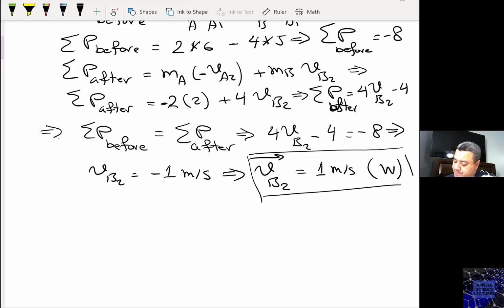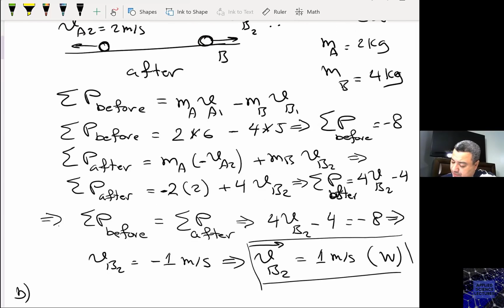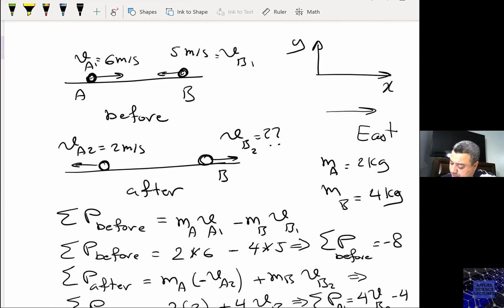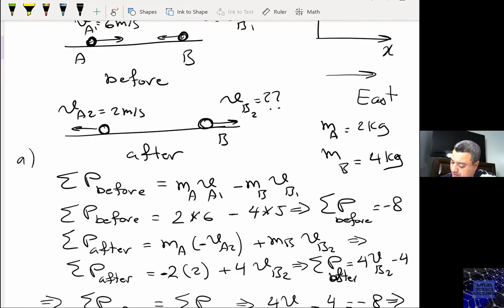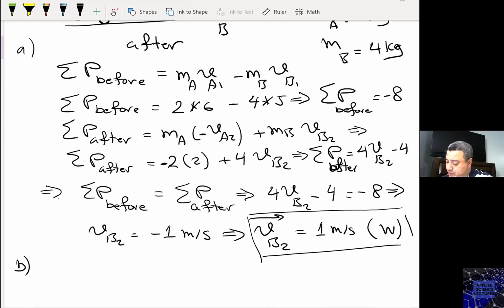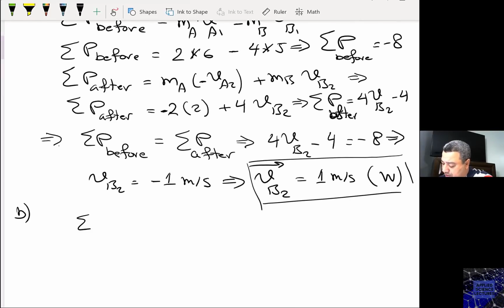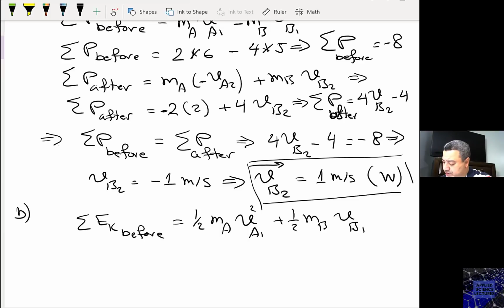Now let's evaluate the type of collision we have. So this is A. We found the velocity. Now we need to find the type of collision. We will evaluate the kinetic energy before, which equals half ma va1 squared plus half mb vb1 squared.